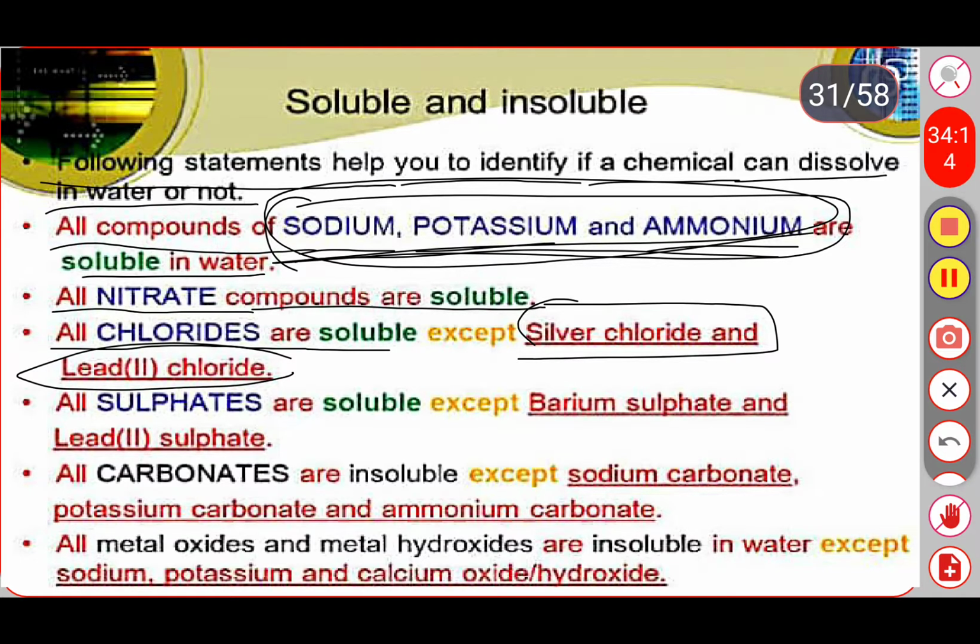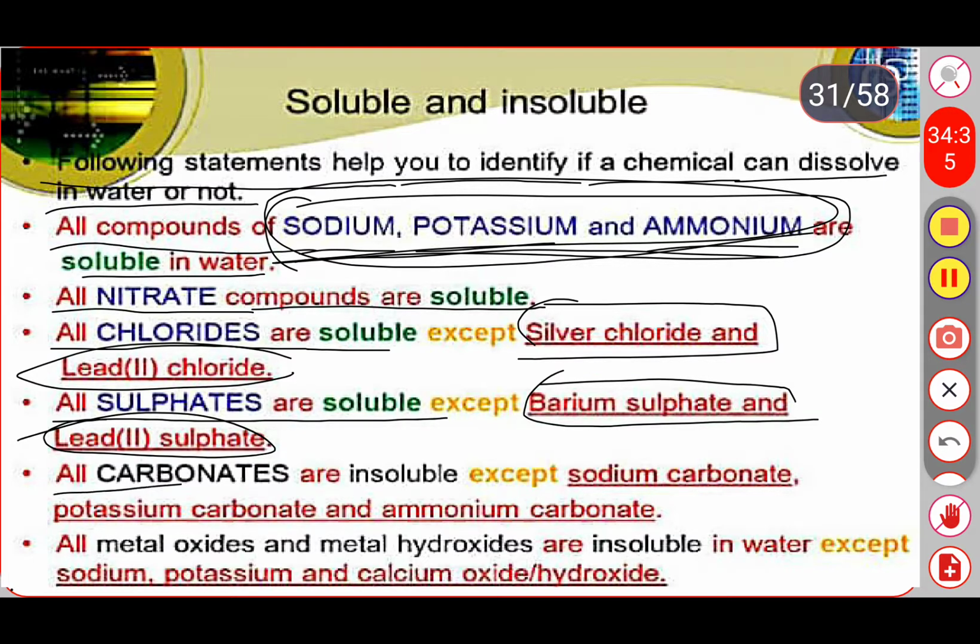Next one is all sulfates are soluble in water except barium sulfate and lead sulfate. And next one is all the carbonates are insoluble, except sodium carbonate, potassium carbonate and ammonium carbonate. These are soluble in water.